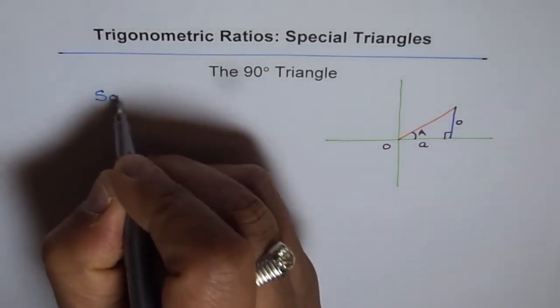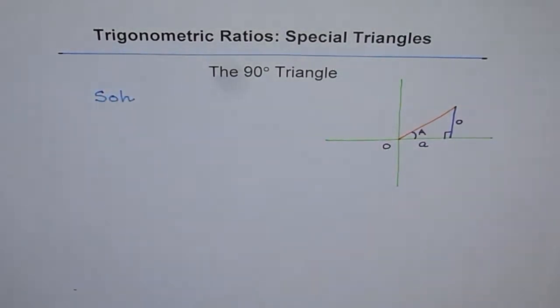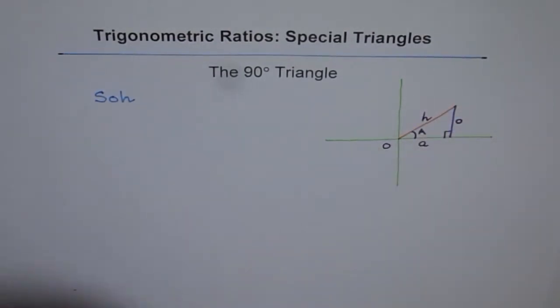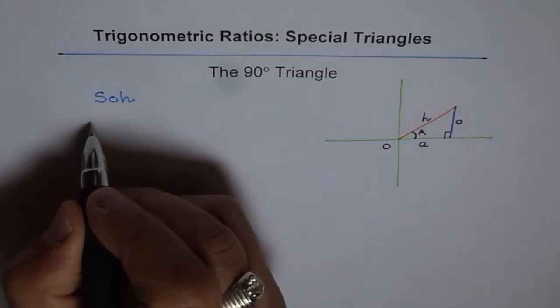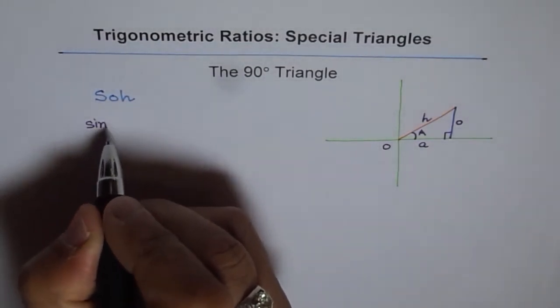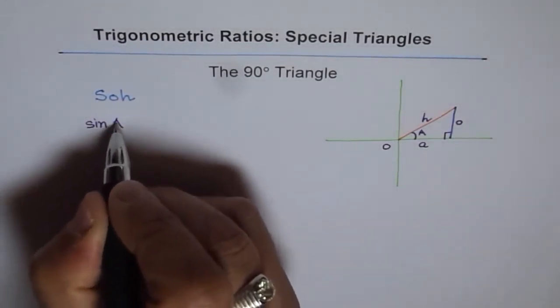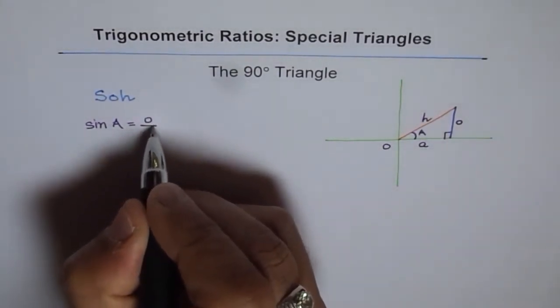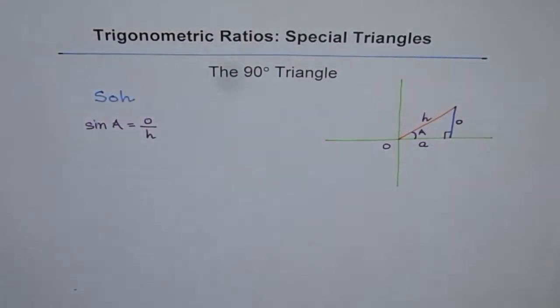So let me label this as hypotenuse. And so we can write sine of angle A is equal to opposite over hypotenuse. That is the first three letters of Sohcahtoa.